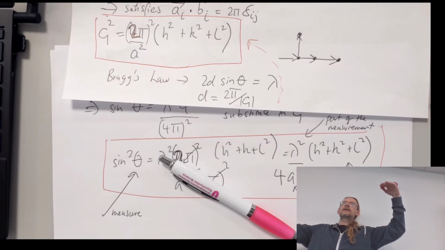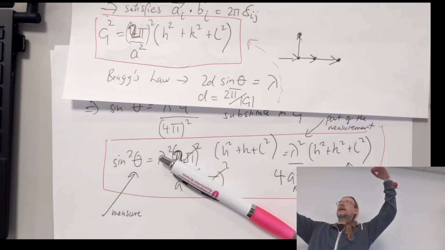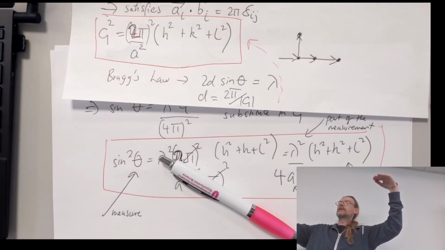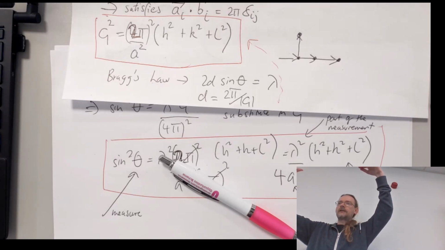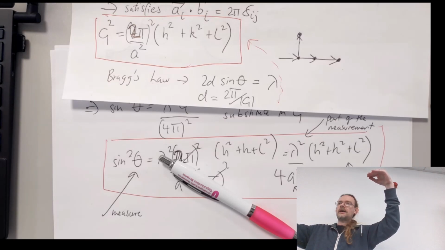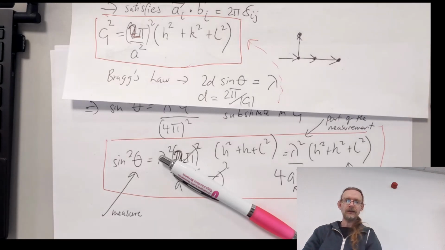As the detector and the source move, they move through angles. So what's being measured is the angles at which there was a sharp increase in X-ray reflection. And these are the values that were measured.